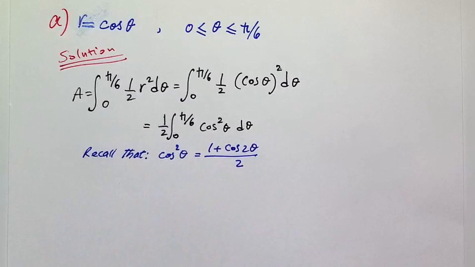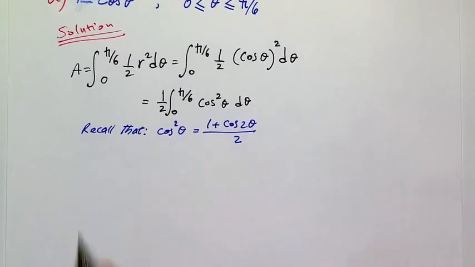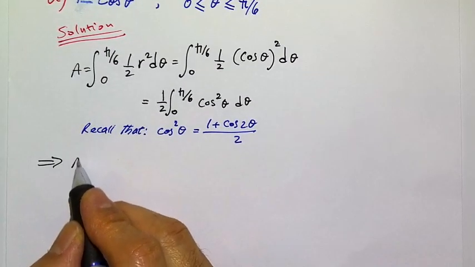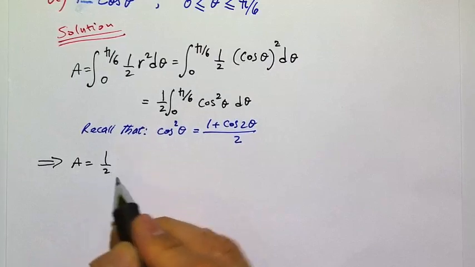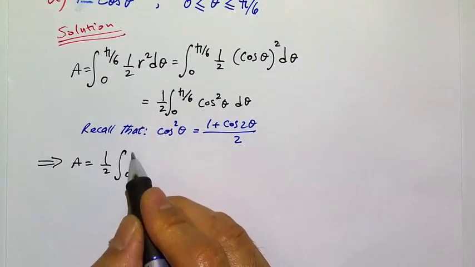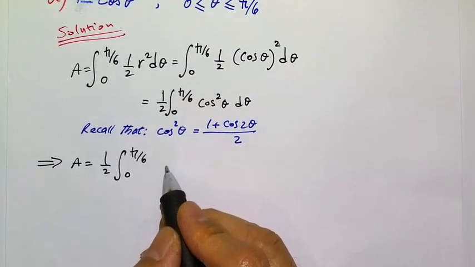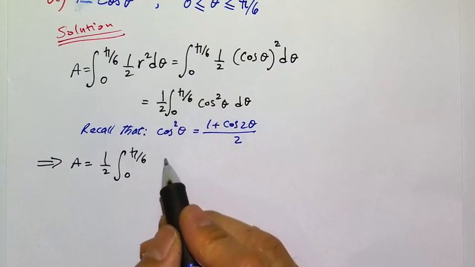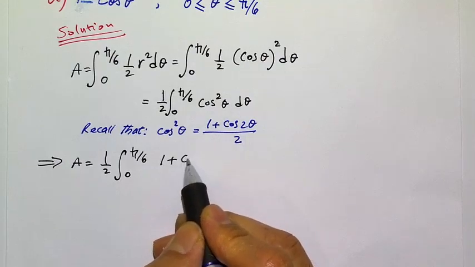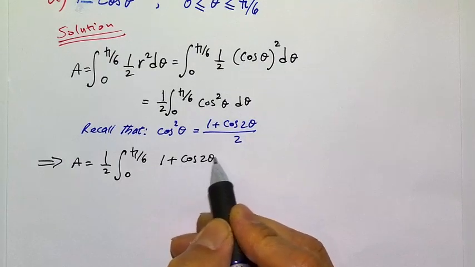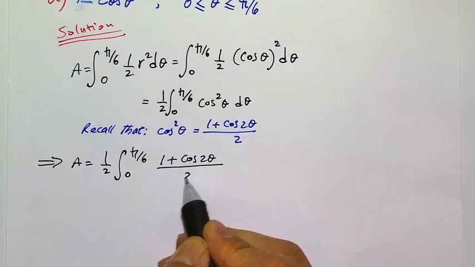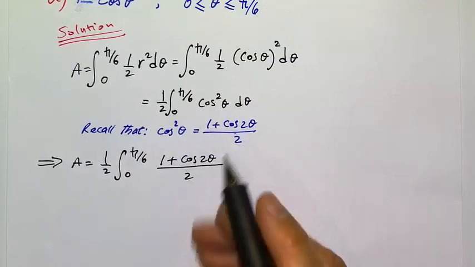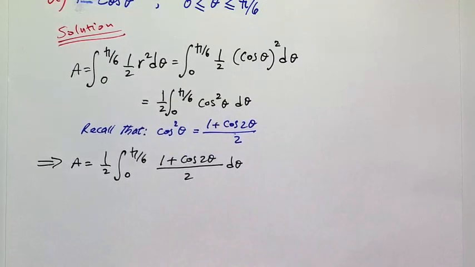And from that, we can write 1/2 of the integral from 0 to pi over 6. Instead of cosine squared theta, I'm going to put in 1 plus cosine 2 theta over 2, right? This replaces that in the integral.